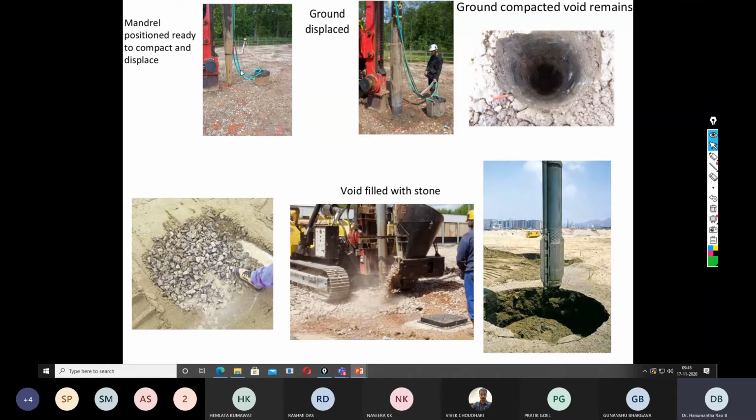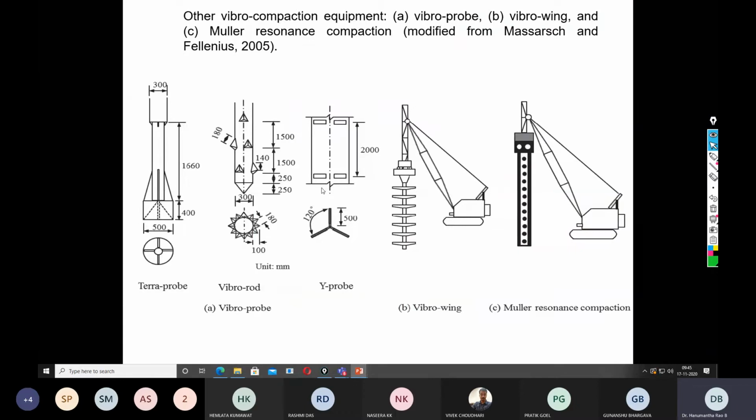We simply drive the vibro probe into the ground and densify the soil in the lateral direction. So this is typically called vibro displacement or vibro compaction, simple compaction of the soil mass. And often we require a water jet to help advance the borehole. So depending upon the requirement, people have developed different varieties of probes. So these are the different probes available for the vibroflotation ground improvement technique.